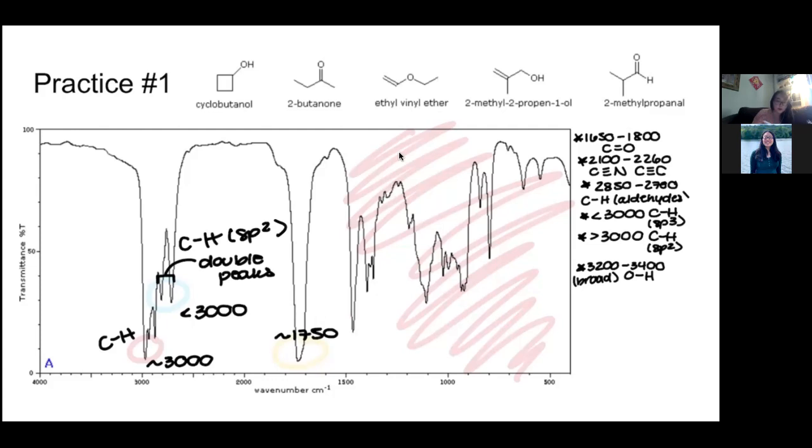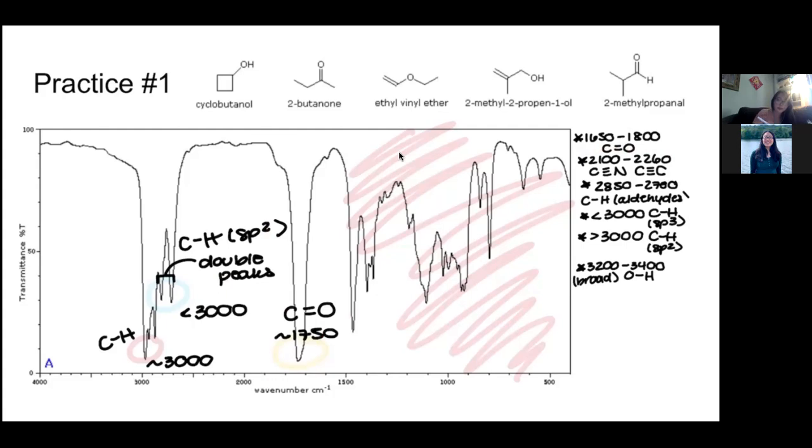And then over here, going to be your C=O double bonds. Again, following with what we said earlier, the carbonyls tend to be around 1650 to 1800. And so given these things, we know, okay, between these two, maybe we have an aldehyde.